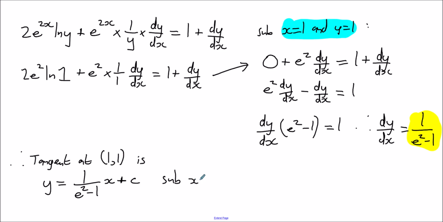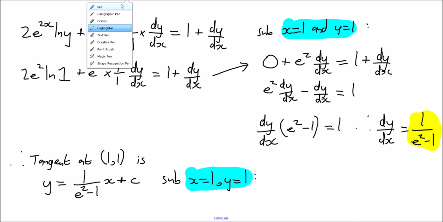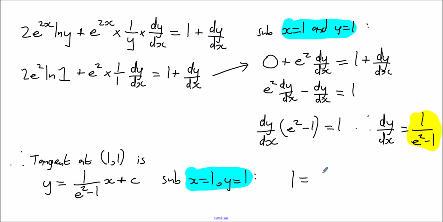So 1 equals 1 over e squared minus 1 times 1, which we can just leave as it is, plus c. So then c must be 1 minus 1 over e squared minus 1.